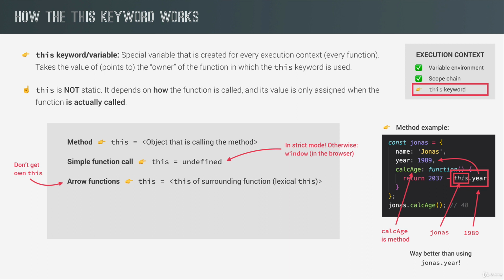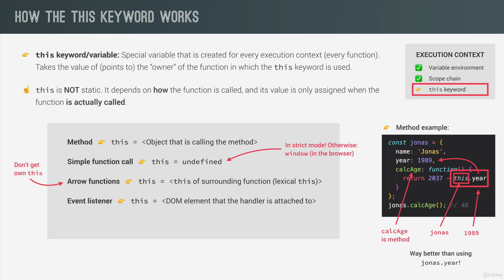Okay, and finally, if a function is called as an event listener, then the this keyword will always point to the DOM element that the handler function is attached to. Very straightforward, right? Now, the this keyword is usually a big source of confusion for beginners. But if you know these rules, then it should become a lot simpler.